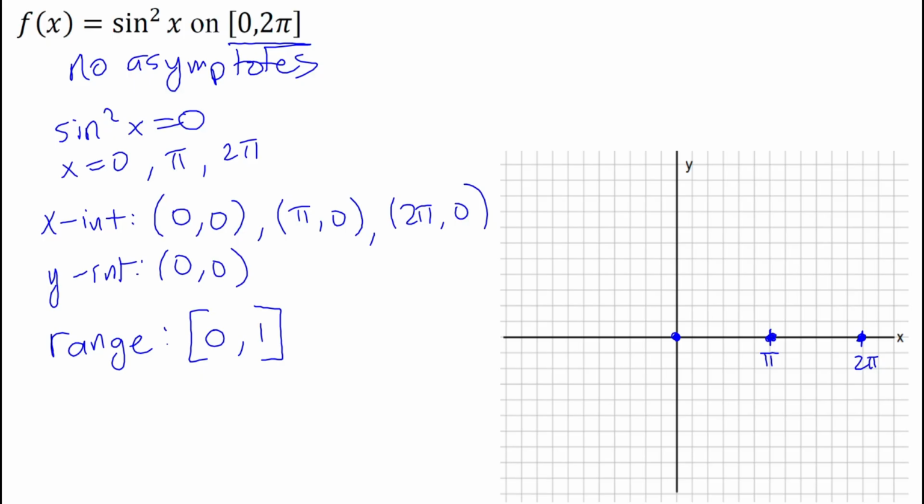Actually, I think what we'll do, instead of spacing them in 6s, just because I have a little bit of an idea of what this is going to look like, let's call this pi over 4, pi over 2. Let's see if we have enough room to do that. We're just a little short over here.